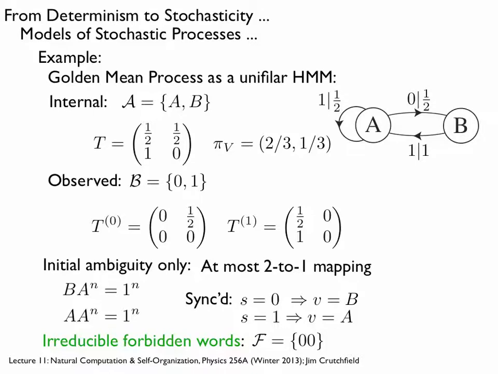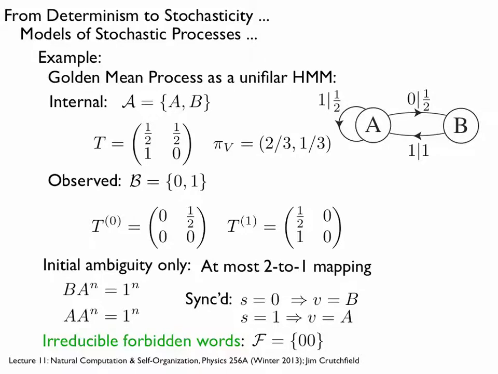So now we can ask this question: if I'm looking at 0-1 sequences, what do I know about the internal states? Okay. So there's just a little bit of ambiguity in the output sequence. In particular, it depends on where you start. So the mapping from internal state sequences to observed sequences over the binary alphabet is a 2-to-1 mapping. You can see this here.